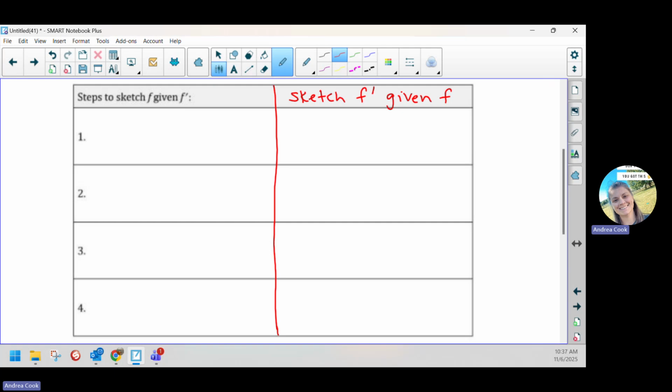All right, so the first step when we're sketching f prime given f is to look for where the slope is equal to 0. That's your horizontal tangents. And if the slope is 0, those will become x-intercepts because the y value would be 0. So we make those x-intercepts.